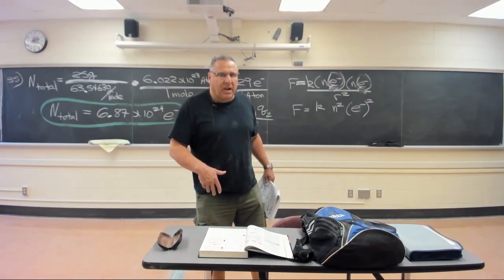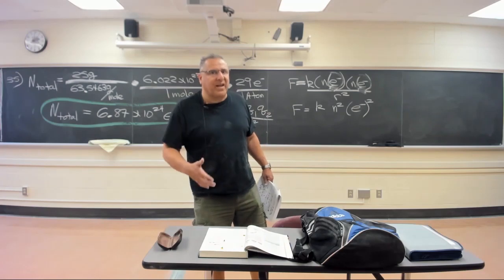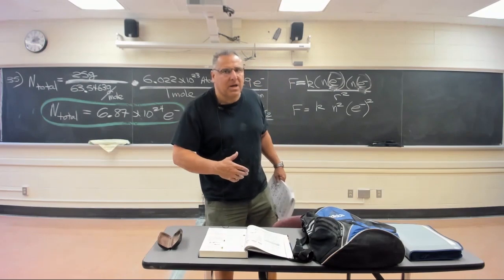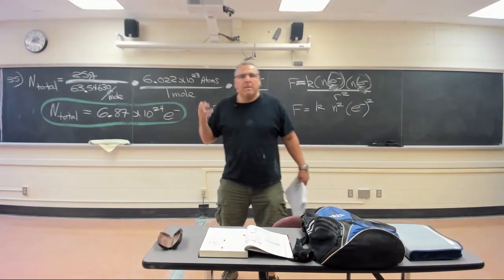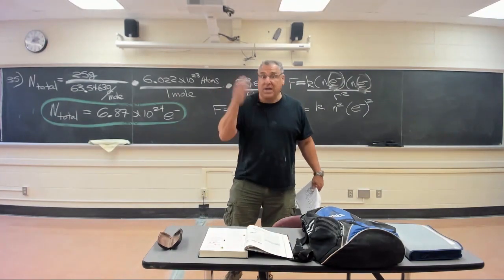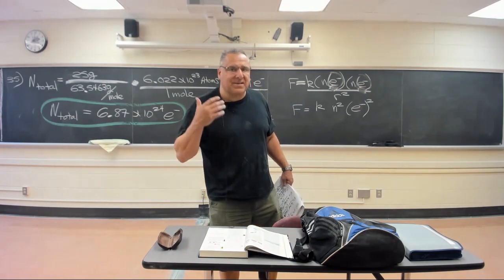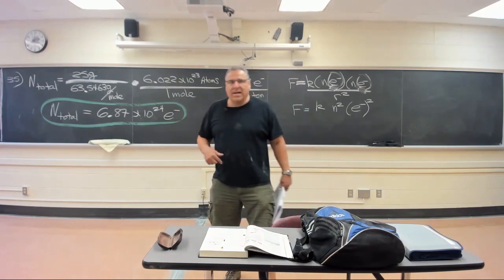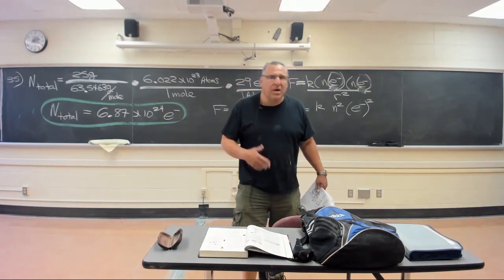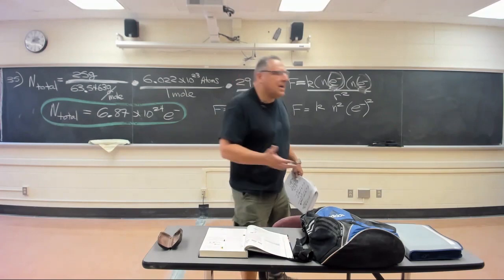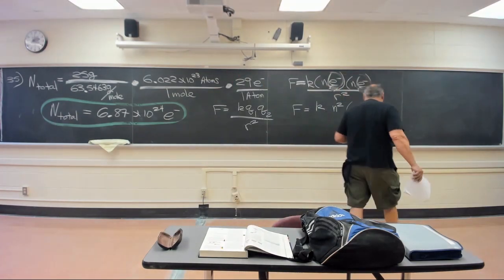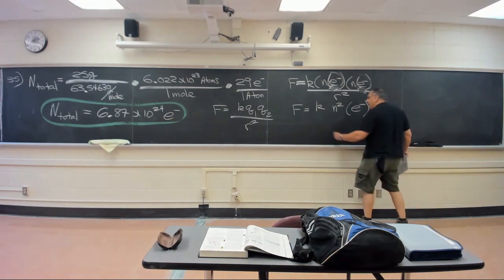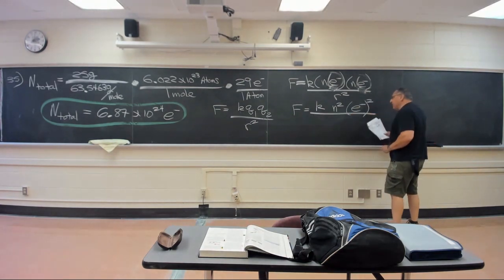The absence of an electron is equivalent to 1.6 times 10 to the negative 19th coulombs, but net positive. Losing an electron means gaining a net positive charge of 1.6 times 10 to the negative 19 coulombs. The other one, gaining an electron, is gaining a net negative charge of 1.6 times 10 to the negative 19th coulombs. We're not going to worry about a negative answer here. We just know there's going to be a magnitude of force associated with this.